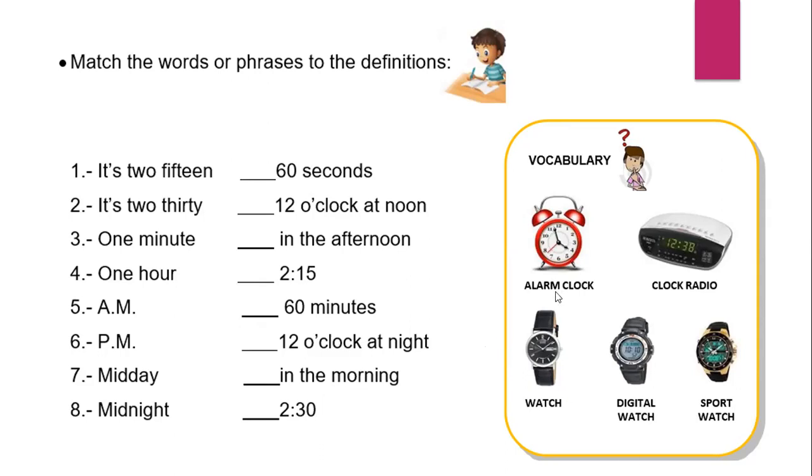Alarm clock, claro que sí. Alarm clock, ok, el reloj despertador. Clock radio, y si no, un radio reloj. Watch, un reloj normal, el que todos usamos en la muñeca.